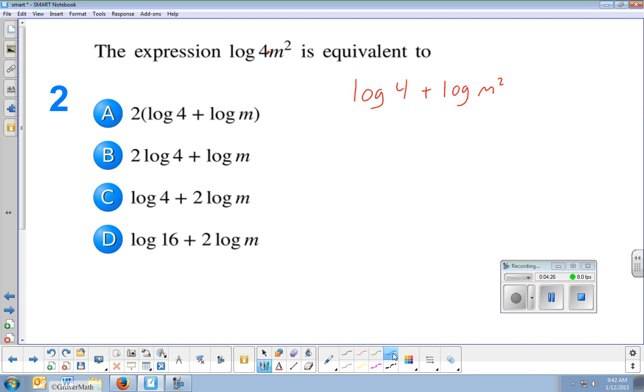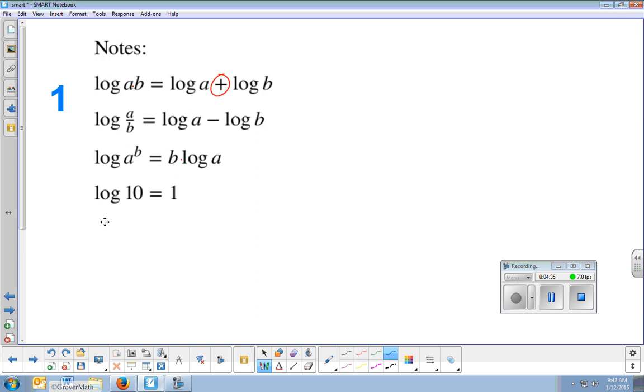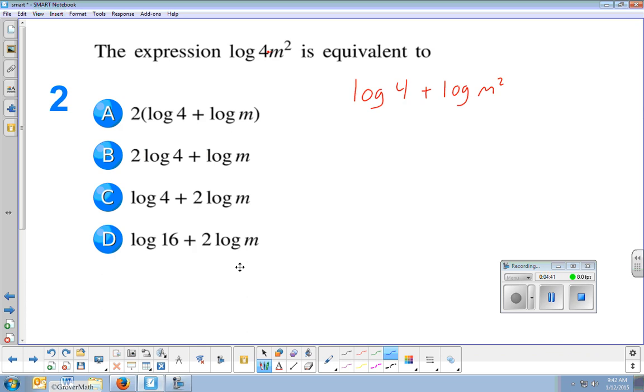Then the second thing that's happening is this exponent here. My log has an exponent. The rule for when your log has an exponent is that the exponent can be moved to the front of the log as a coefficient. So this exponent I can write as a coefficient of that log. And so that would be log 4 plus 2 log m.